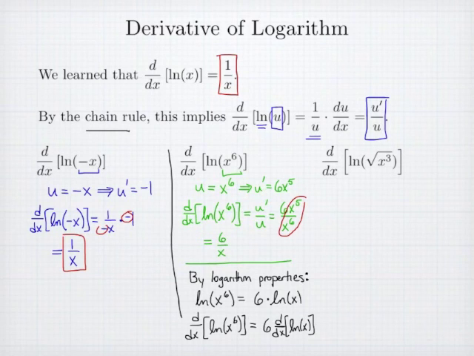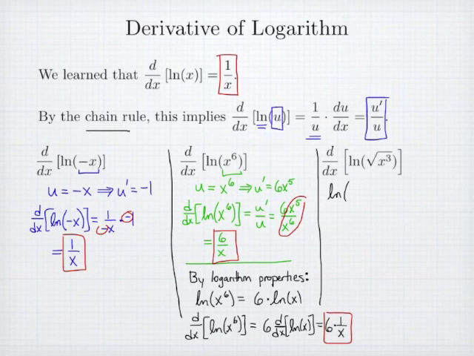And that's just 1 over x. And so I get 6 times 1 over x. Notice that that's the same expression as what we just found: 6 over x and 6 over x. This suggests that maybe we should use that property of logarithms to begin with.